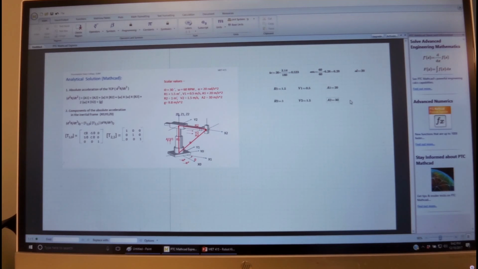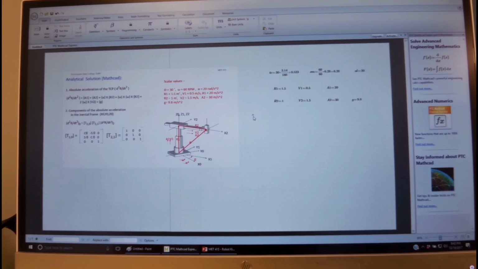Last, we have G equals 9.8 meters per second squared. Okay, now what we need to do is construct the formulation over here for the unknown variables.